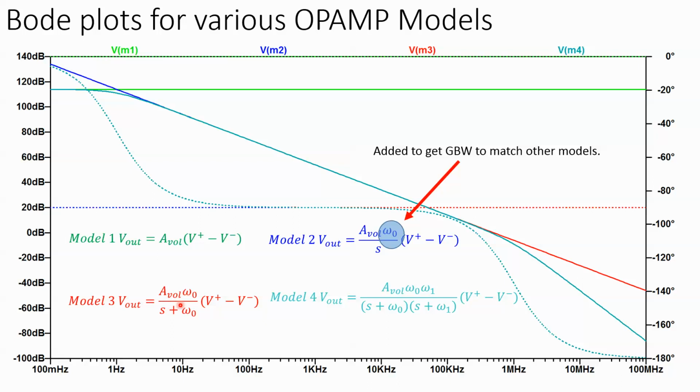Then over here we have a first order low pass filter times the difference, and that's the red. And the second order, we can see that it starts off, comes down, and then you see another break. We see for the second order the phase goes from 0 to 180.